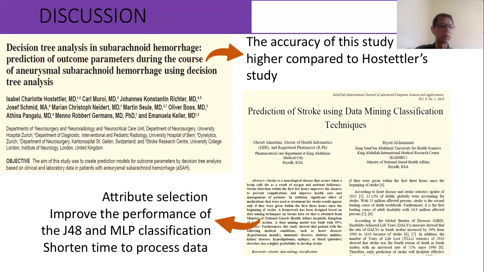In this study, attribute selection can improve the performance of C4.5 and MLP classification and shorten the time to process data. It is suitable with the study by Almadani.